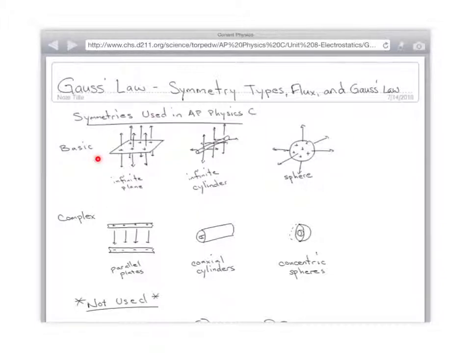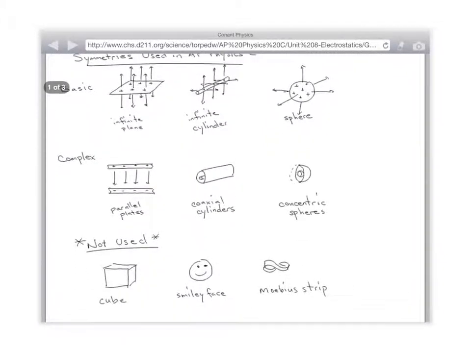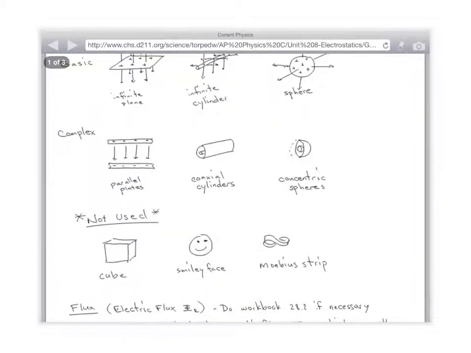Would they always be straight? So here we go. So I'm going to draw a cube. Here's a cube. The field lines are coming up, going sideways, going down from the bottom, going left from the left side, coming out from the front side, going back from the back side, right?